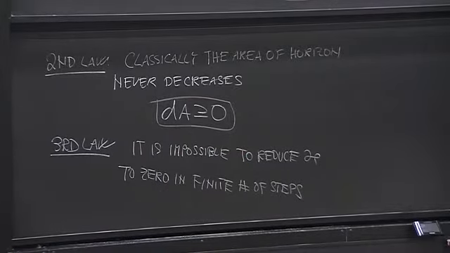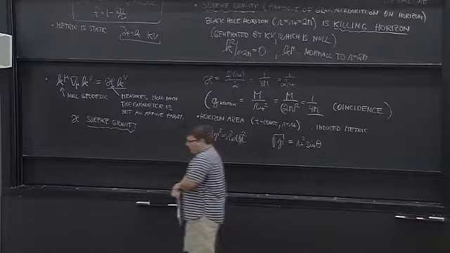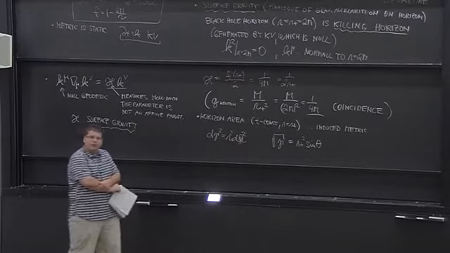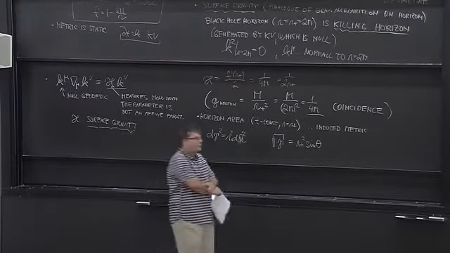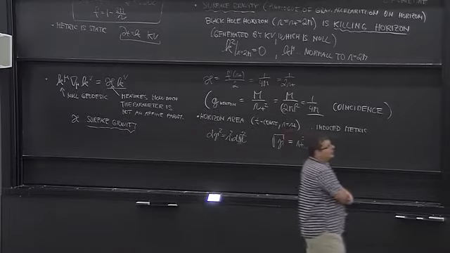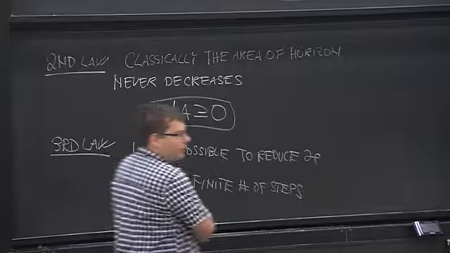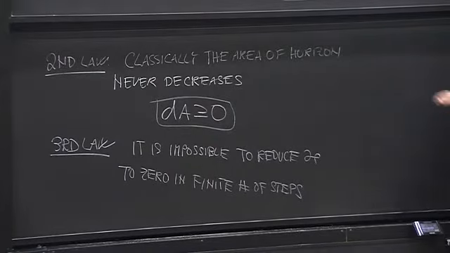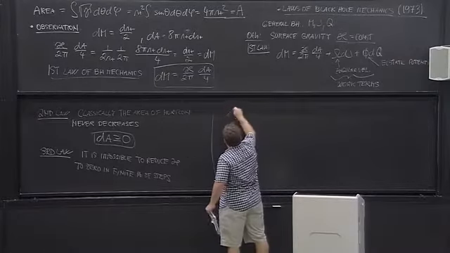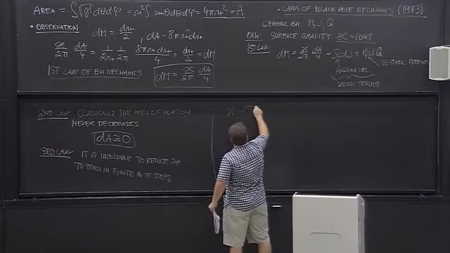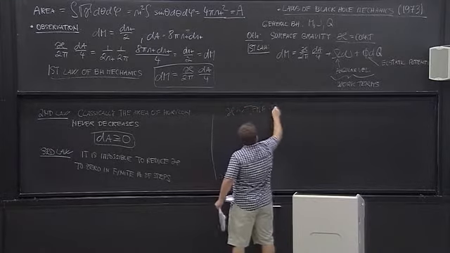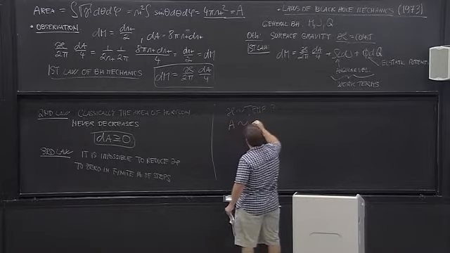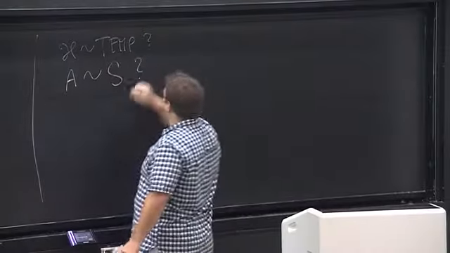So now, isn't this amazing? You have these four laws, and they just copy whatever you know from thermodynamics. So if you say that kappa is somehow related to the temperature, and so this raises the question: is kappa related to temperature, and is the area related to the entropy?